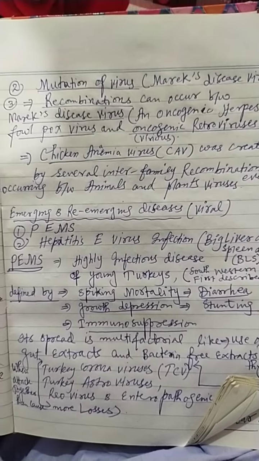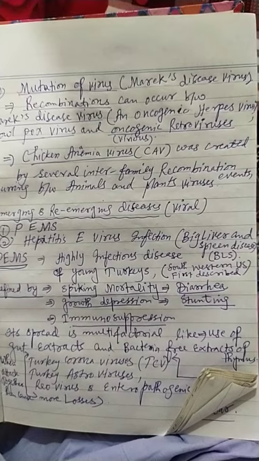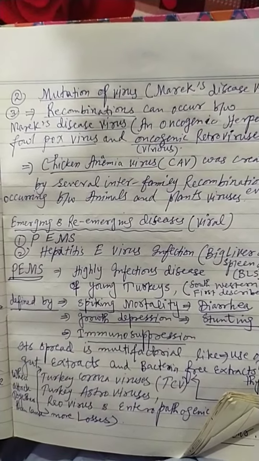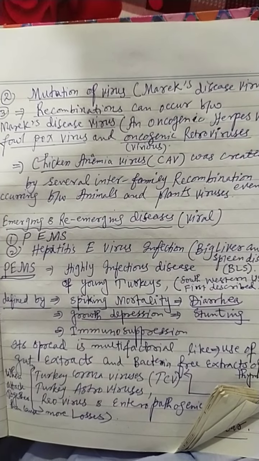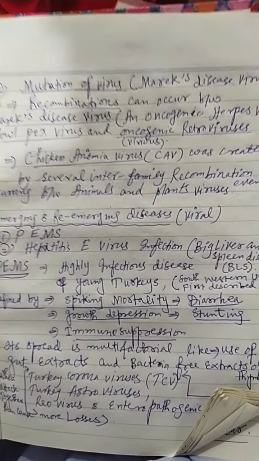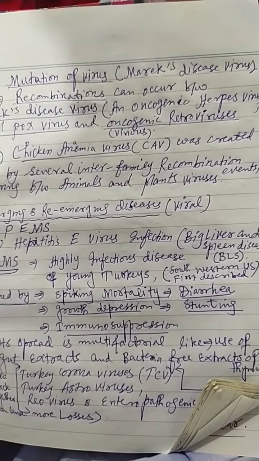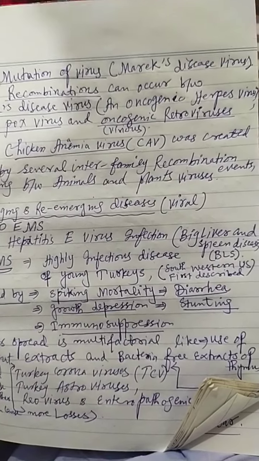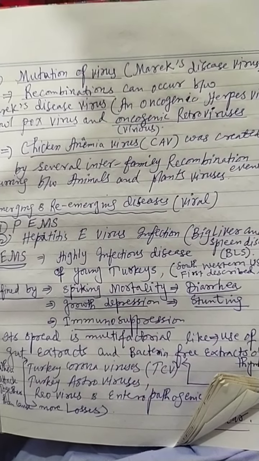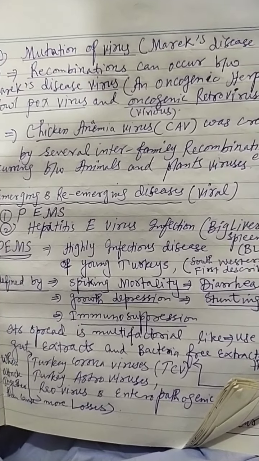Recombinations can occur between Marek's disease virus, which is an oncogenic herpes virus, so its recombination may occur with fowlpox virus and various other oncogenic retroviruses. Chicken anemia virus, also abbreviated as CAV, was created by several interfamily recombination events occurring between animal and plant viruses.